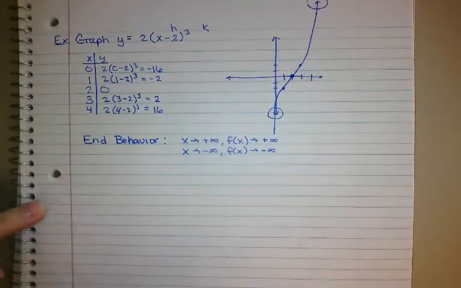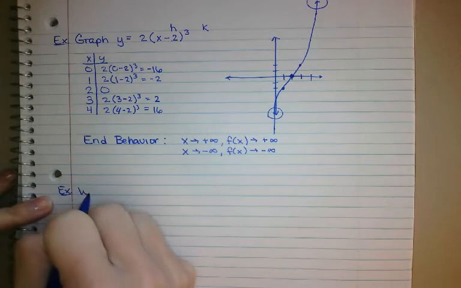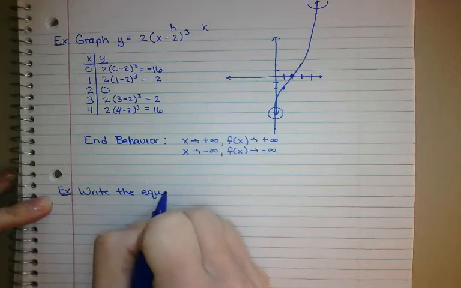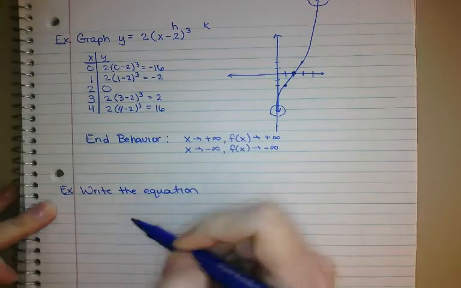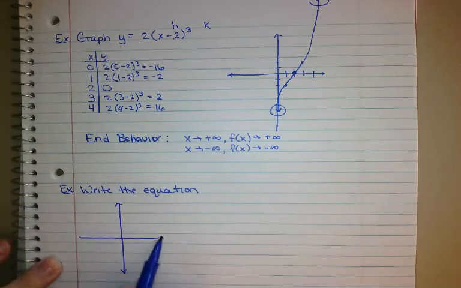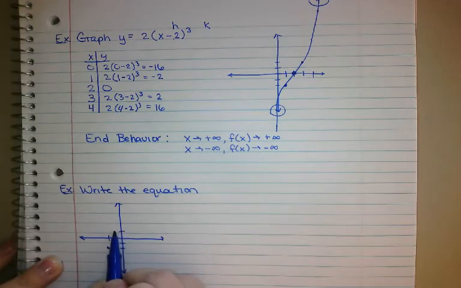Okay. And then the last type of example is they're going to give you the graph and they're going to say, let's write the equation. All right, so I'm going to go ahead and plot negative 2, negative 2. I'm going to plot negative 1, 1.